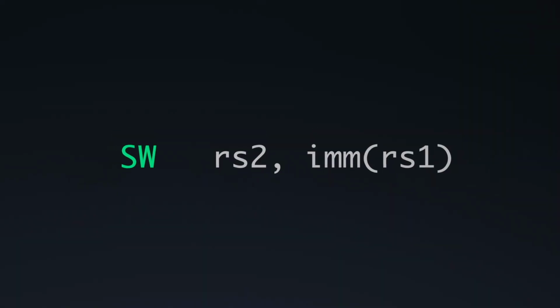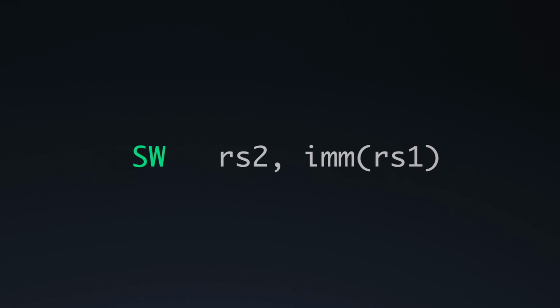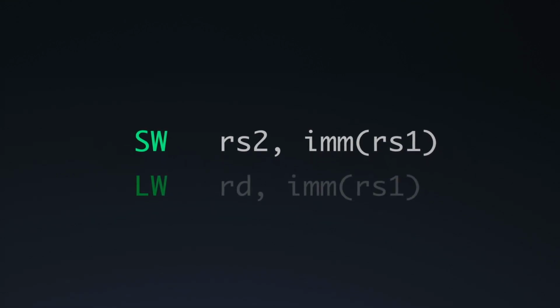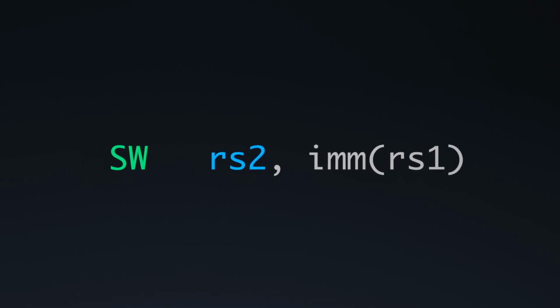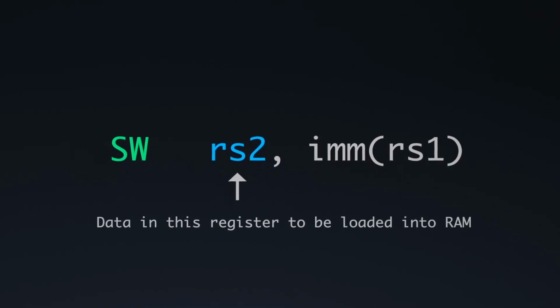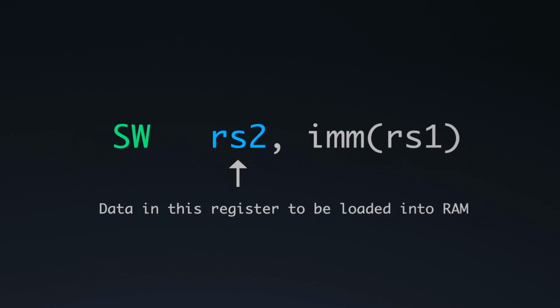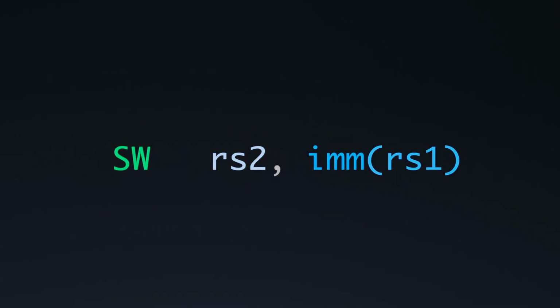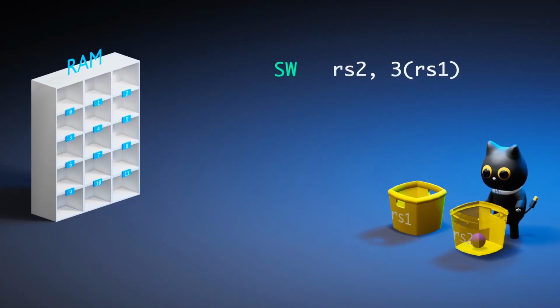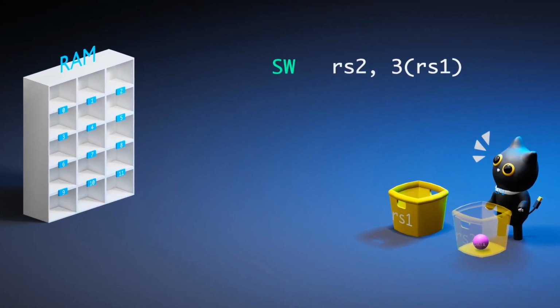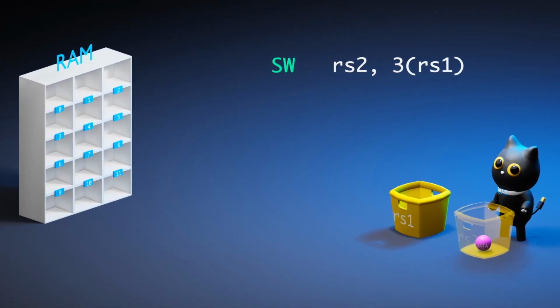The store word instruction also has a special syntax similar to the load instruction. However, the difference is that the first argument is the source register that contains data to be stored. This is followed by the second argument, which has the immediate and the destination register. For example, in this instruction, the CPU possesses data in the RS2 storage bin and wants to store it in memory.